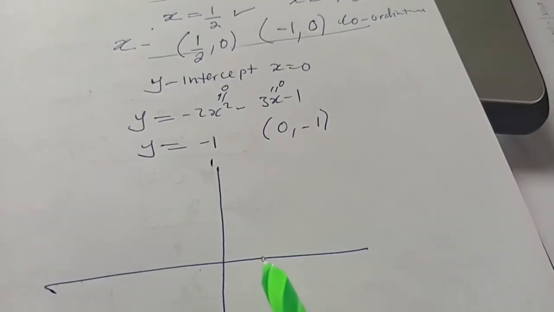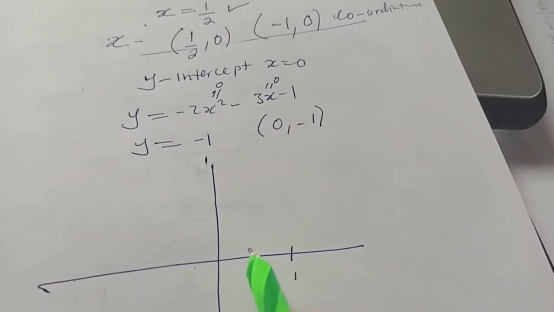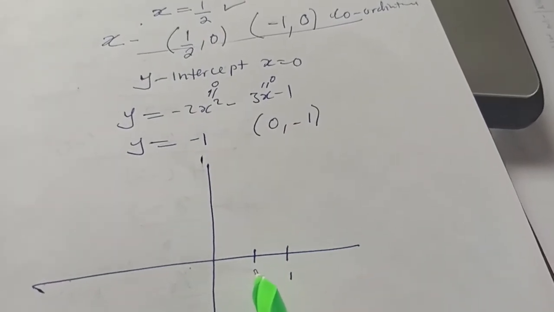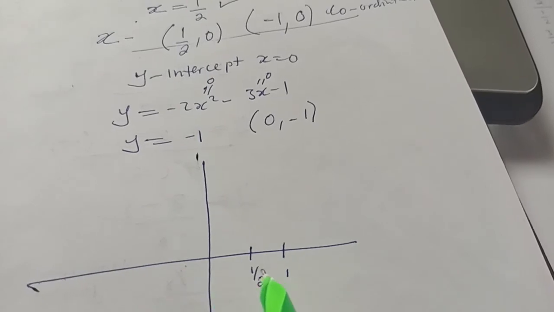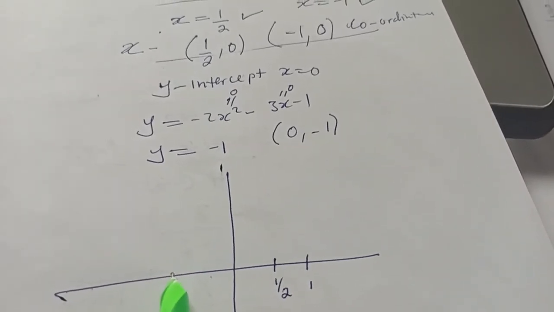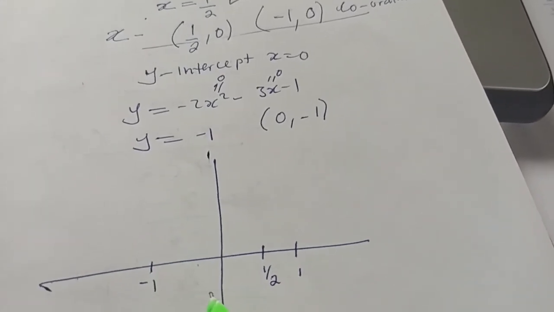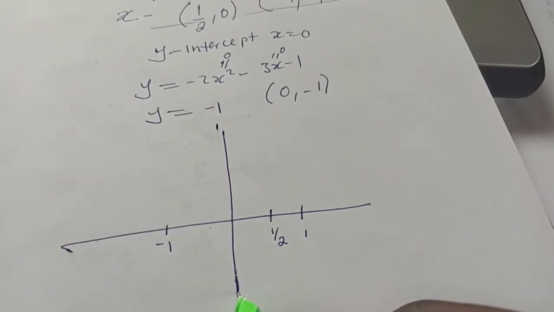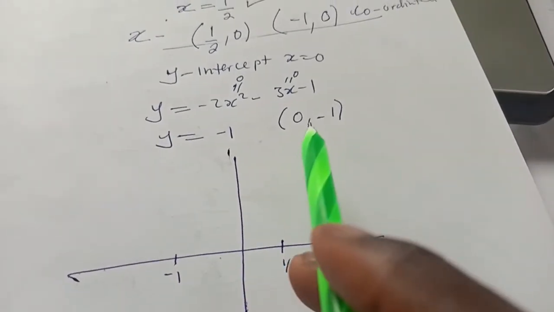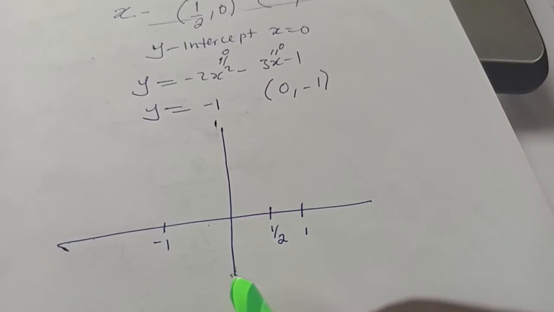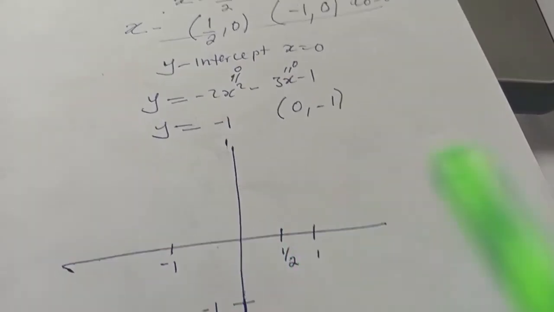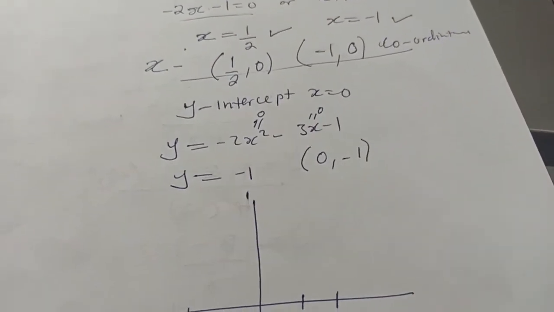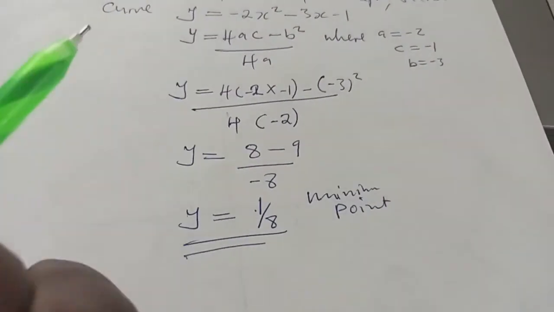We have 1 there, take it 1, then half somewhere here. This is half. So let's take it as 1, negative 1 there. Remember the coordinates of the turning points?